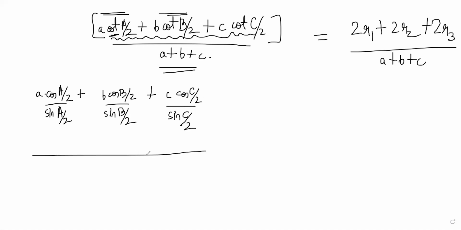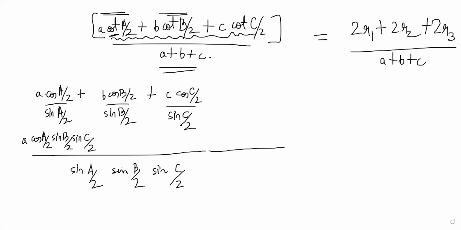And if you take the common denominator, sine will come here, and you will get on top A cos A by 2 sine B by 2 sine C by 2, right? Yes, sir. What did you do here? Oh, LCM. I'm just adding B cos B by 2 sine A by 2 sine C by 2.